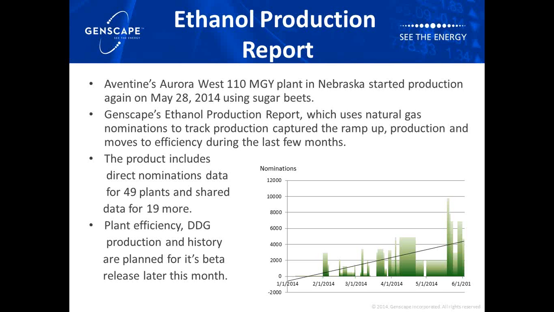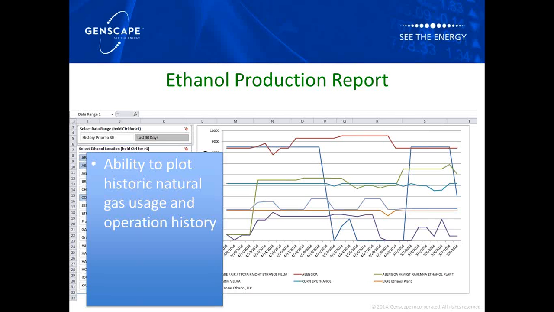And it's also going to show as time goes on the efficiency of that plant and the efficiency of the use of the sugar beets versus corn and how many nominations they're requesting. You can plot the historical use of the nominations, so you can go back several months or further and be able to tell how often that plant was shut down, etc.